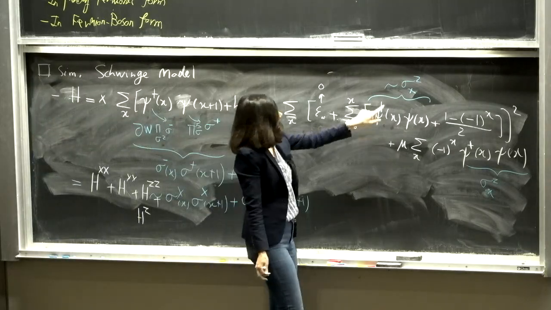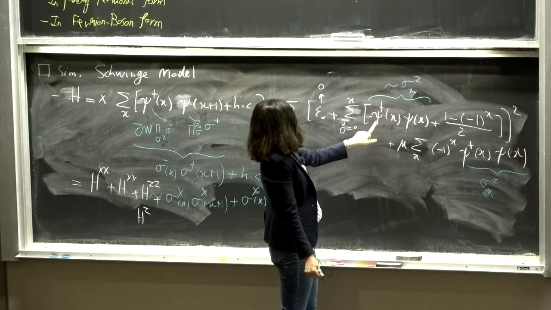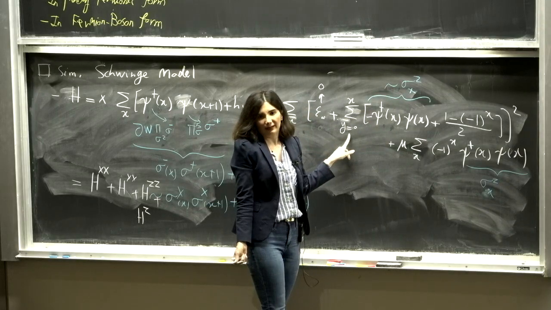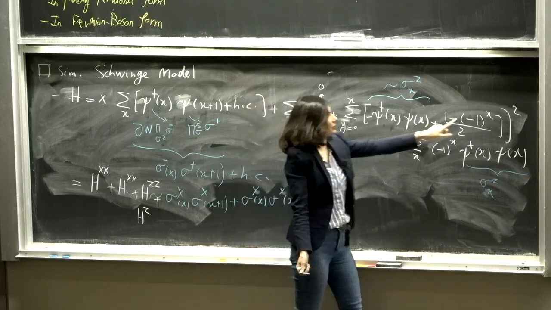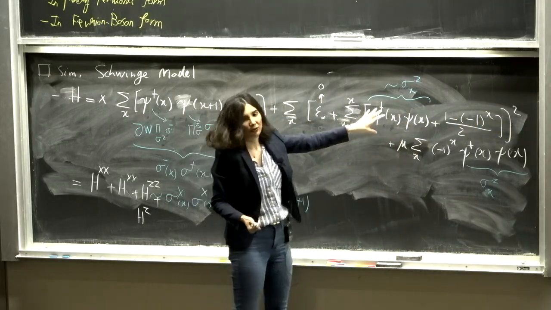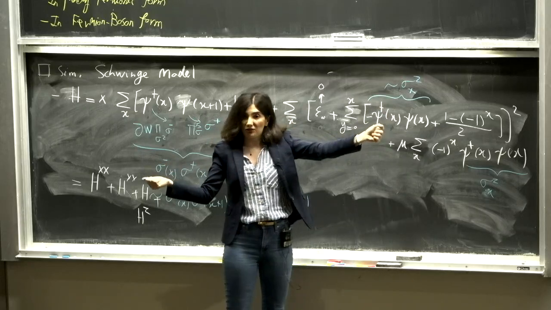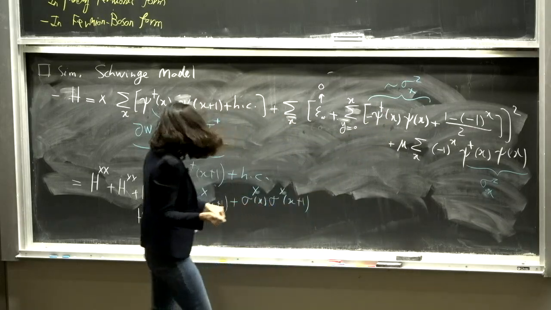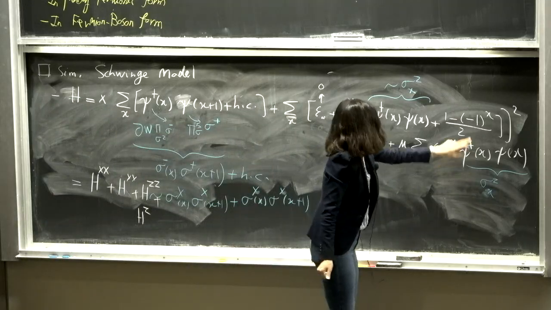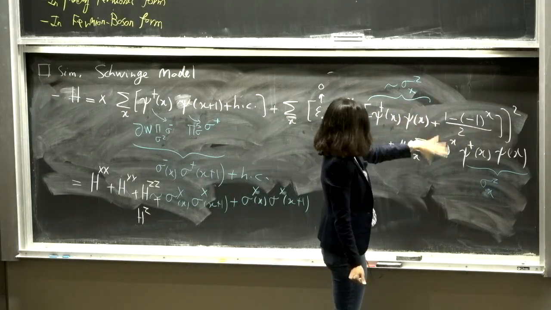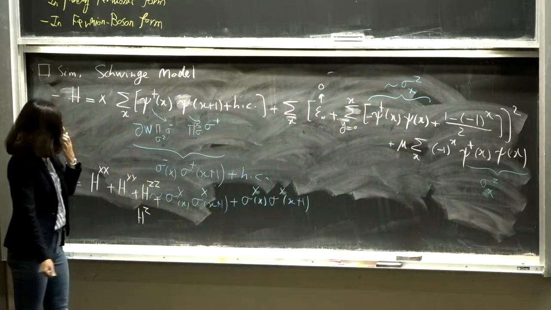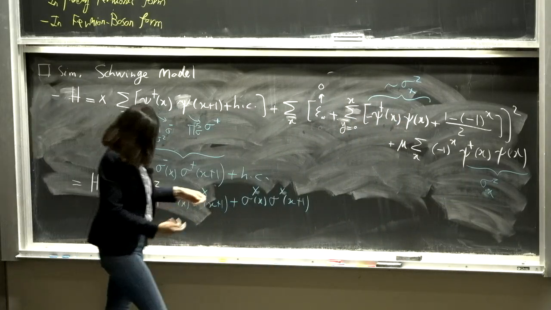Or you can have zz operations, because this is z at x, but then it could also be at some other x plus d. And this is squared. So that's why you get sigma z operations with certain coefficients. And they could be long range too. And that's that hzz. And then finally, you have single qubit operations. You get a bunch from this, once you multiply them out, and you get the mass term from this. OK? So now how do we implement this?